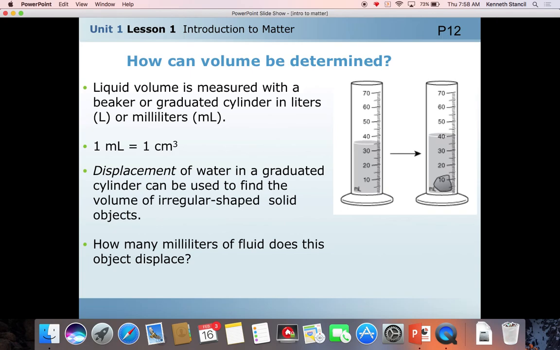Why? 35 went to 40 means it moved 5 milliliters, and 1 milliliter equals 1 cubic centimeter, so the volume of that object is 5 cubic centimeters. 35 milliliters, 40 milliliters, the volume of the rock is 5 milliliters or 5 cubic centimeters.